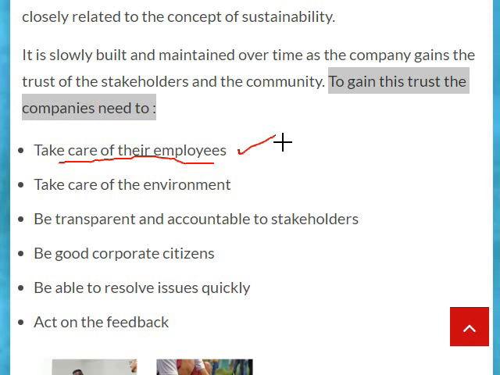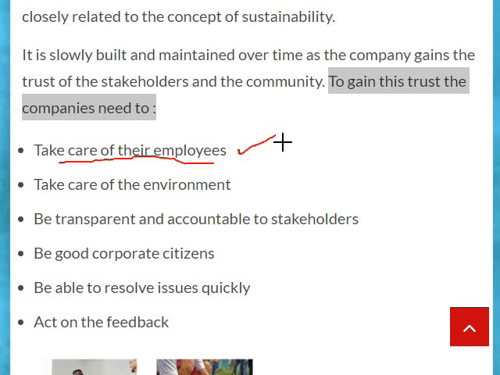Then it could also be associated with how fair are you if there's an employee who needs your help or is going through a lot in their personal life. So is the company or the business sensitive towards that issue, that person's struggle, whatever he or she might be going through?